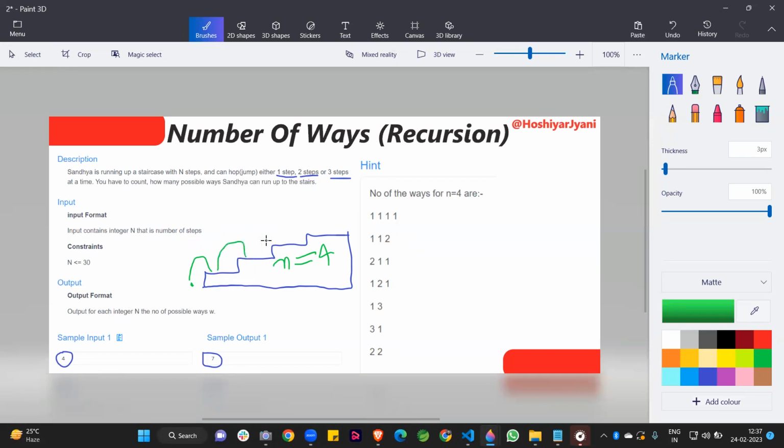After we come to this, the number of steps remaining is 2. After this step, the number of steps remaining is 1. After that, the number of steps remaining is 0. Okay. So we can say that if our value of n is 0, then at that time one possibility is done. We reach this position successfully. So this may be our base condition.